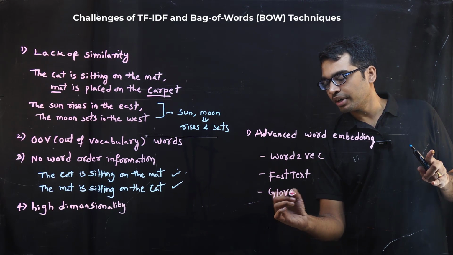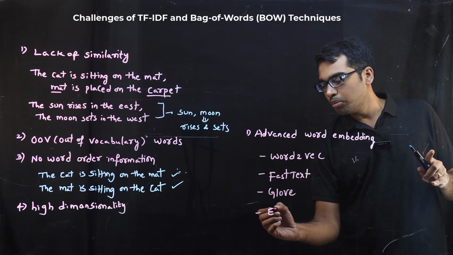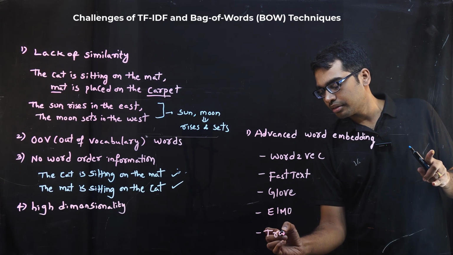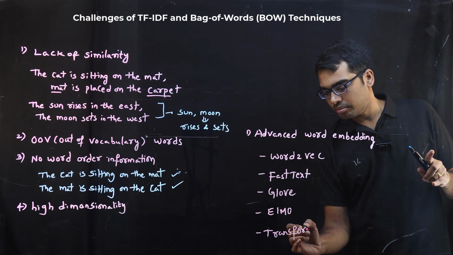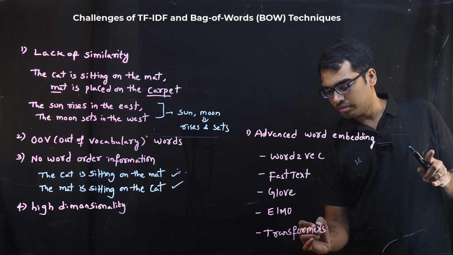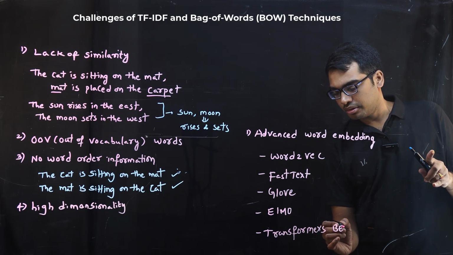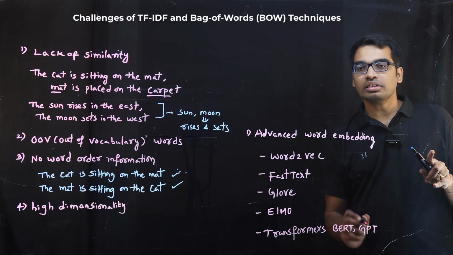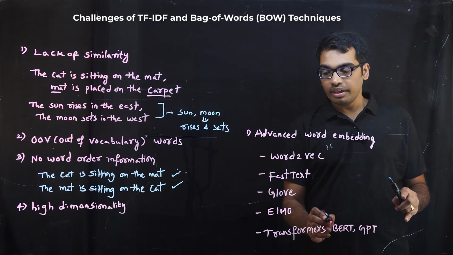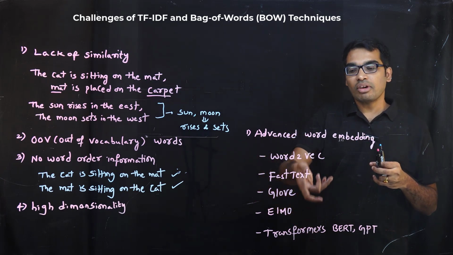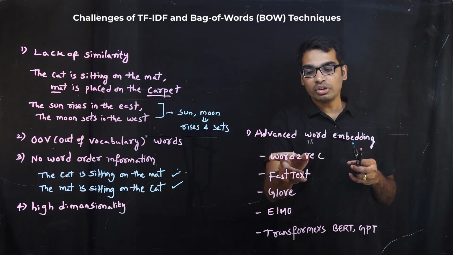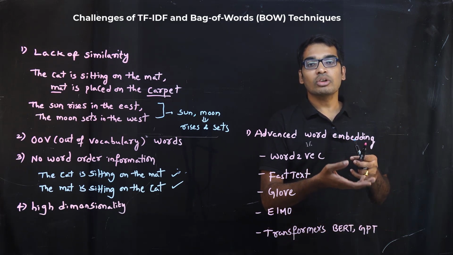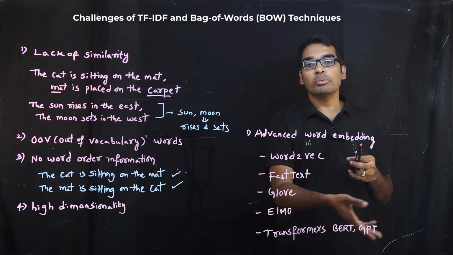There are a lot of word embedding techniques, and there is ELMo, and there are transformers, maybe BERT or GPT, or any other variations that you can think of. So these are the advanced word embedding techniques: Word2Vec, FastText, GloVe, ELMo, or transformer techniques like BERT, GPT, RoBERTa, XLNet, XLM, all these different models that we have.